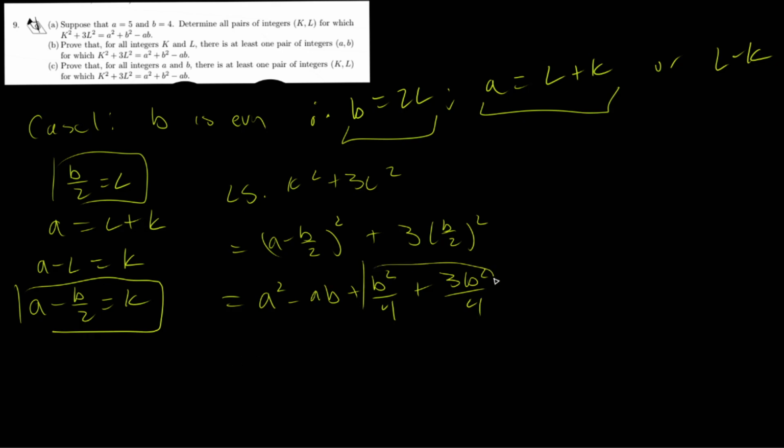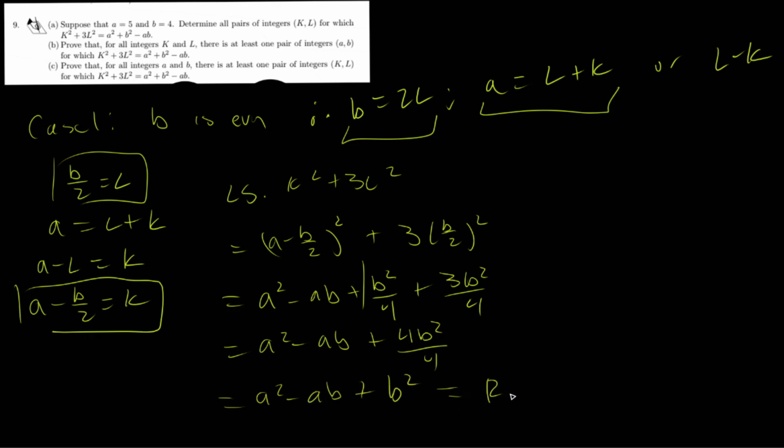If we add these two terms together, we get a squared minus ab plus 4b squared over 4, which equals a squared minus ab plus b squared. And this equals our right side, right? So our case one is that if b is even, then we could select b over 2 to equal l, and then we could select a minus b over 2 to equal k. Now, what happens if a is even and b is odd?